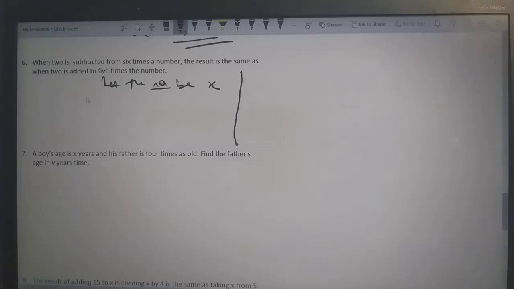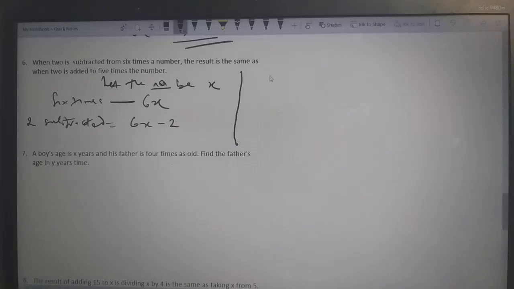So 6 times the number implies 6x. Are you getting it? When 2 is subtracted, we are going to have 6x minus 2.